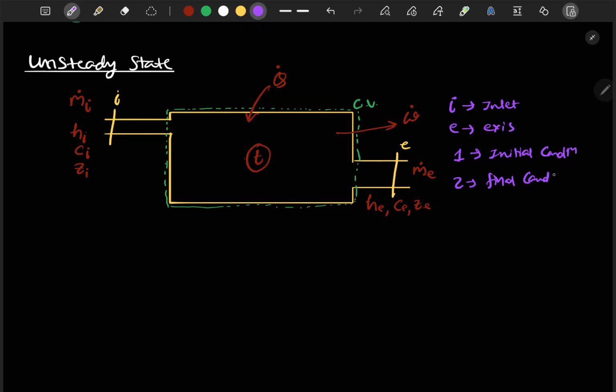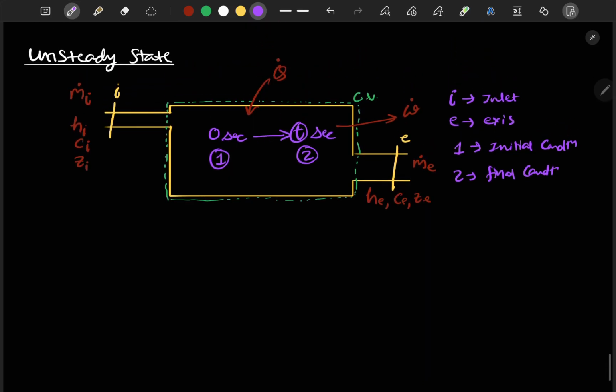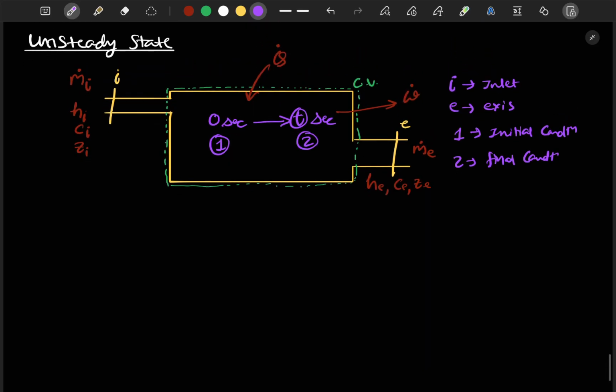If we are considering this for time t, we will start at 0 seconds and observe it up to t seconds. At time t equal to 0 the condition is 1, at time t equal to t the condition is 2. So we will be seeing all the variations that are happening in the system.